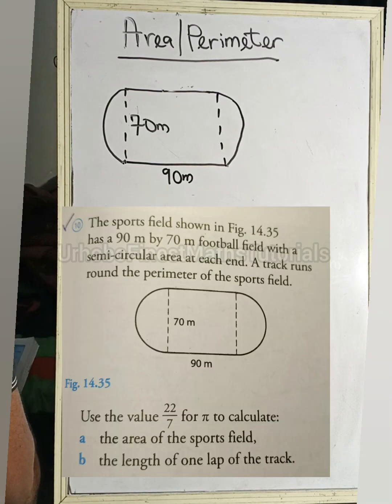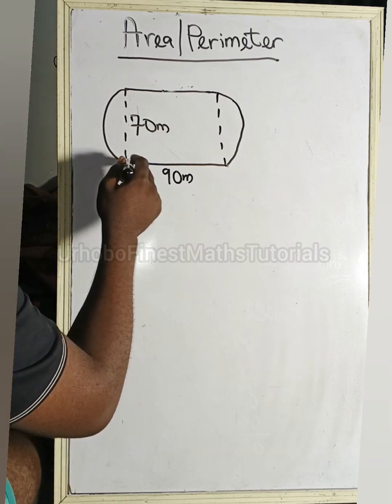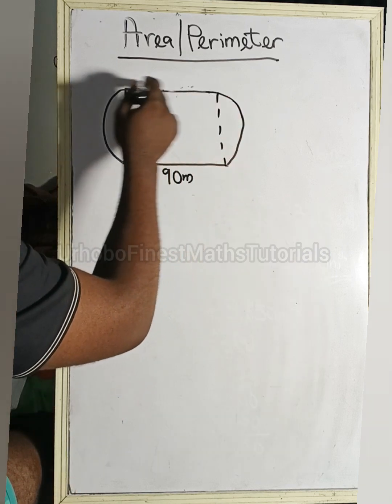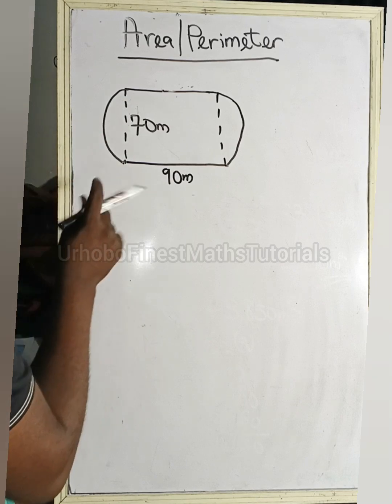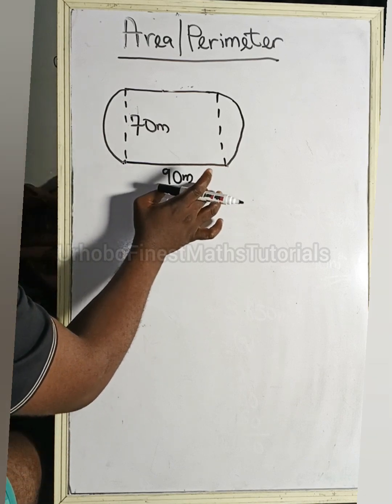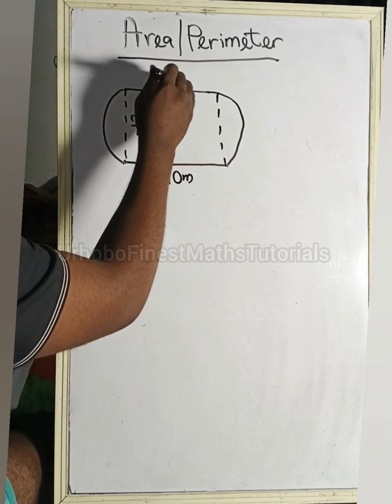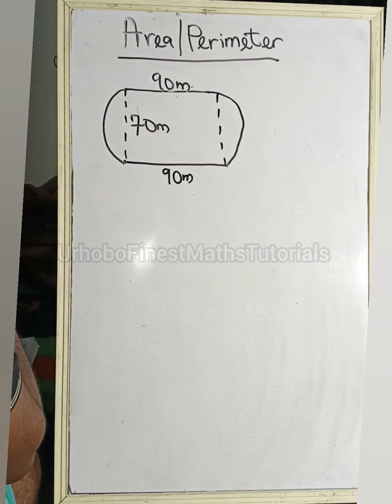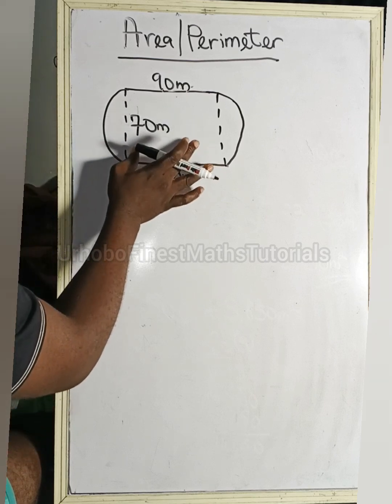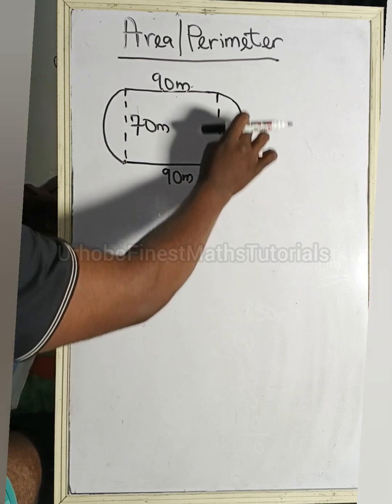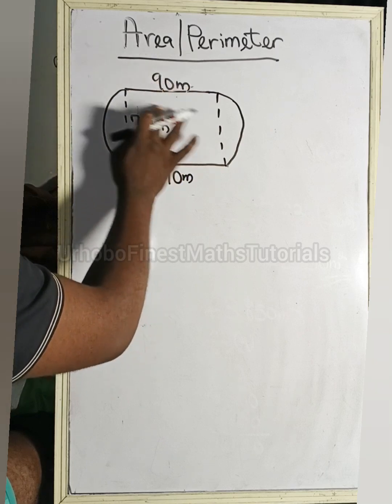So for option B, we are asked to look for the length of one lap of the track. So assuming this is the track now, the track goes around the field. Okay. So it has to be, if here is 90 meters, automatically here is also 90 meters. Now we're going to ignore the inside because we're looking for the length of one lap of the track. We're not working with the inside, so we're going to ignore this 70 meters.